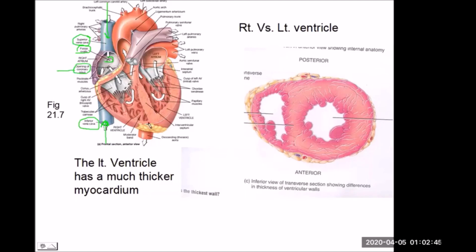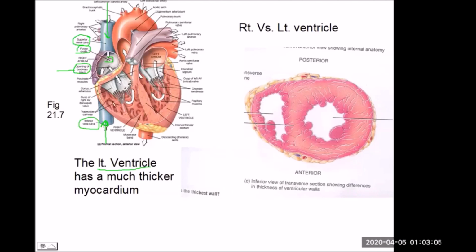We can see how the ventricles, especially the left ventricle, have a much thicker myocardium, much more muscle. And of course, taking a look at the right ventricle, which just has to pump blood to the lateral organ on each side, the location of the lungs.